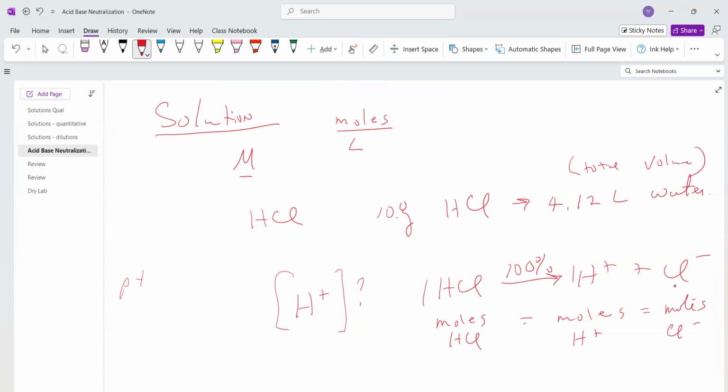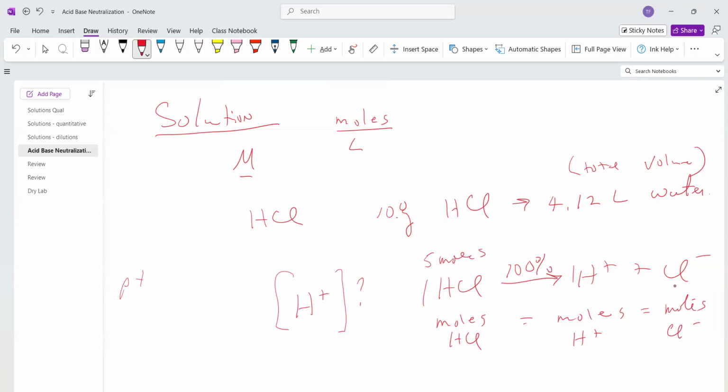How many moles of HCl are in the solution now? Say I put in 5 moles of HCl, it's a gas, but I just dump it into the water. How many moles of H do I have? Don't need your calculator for this. 5. 1:1.